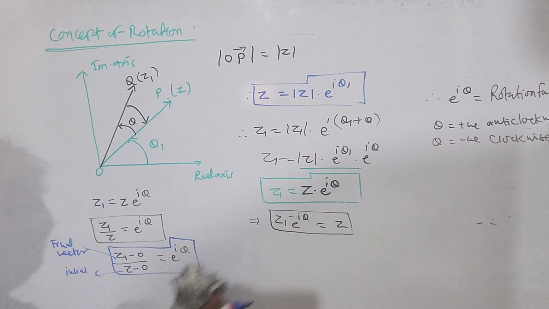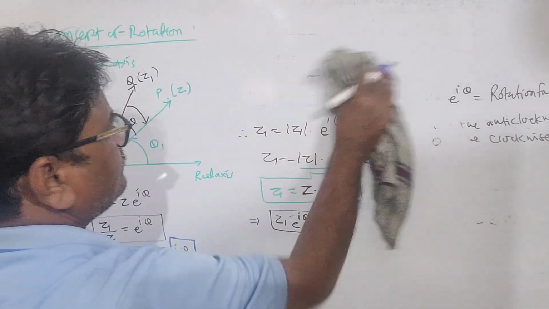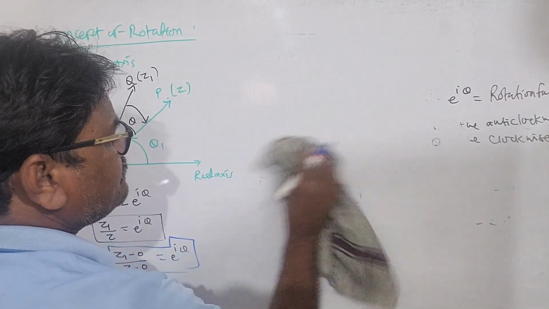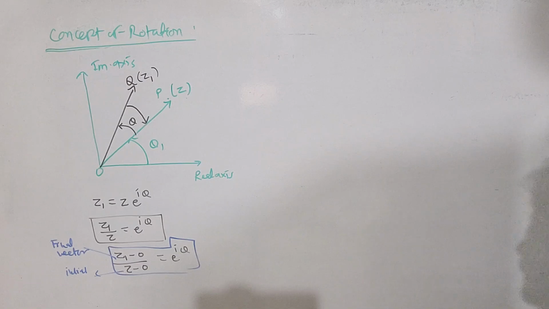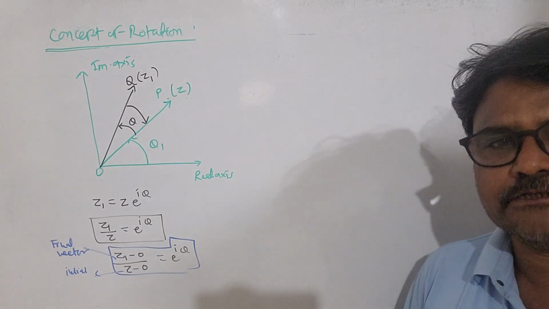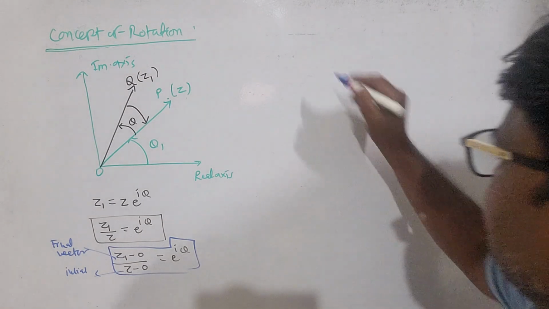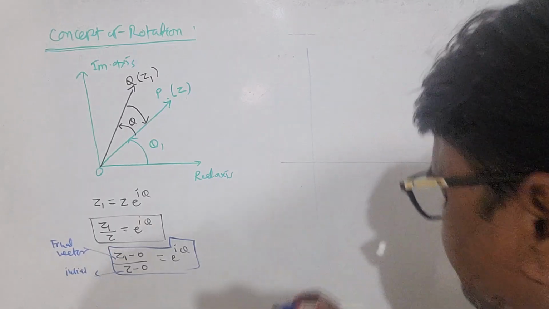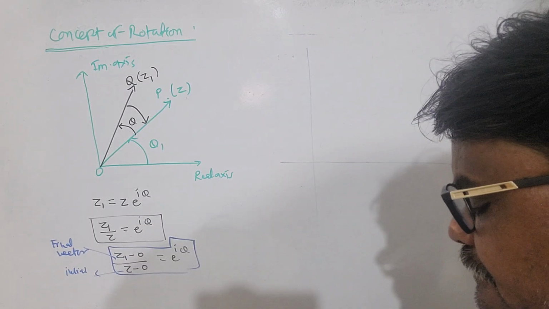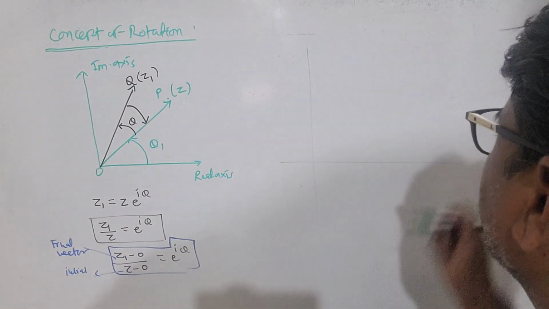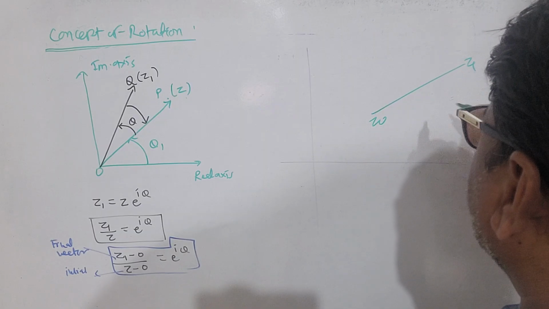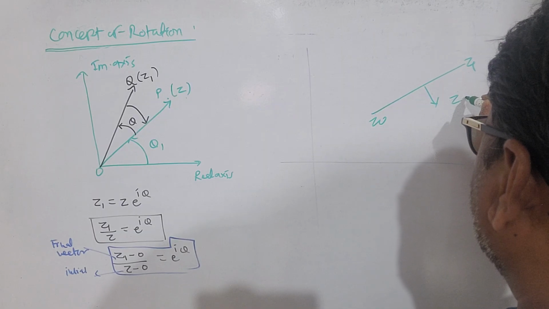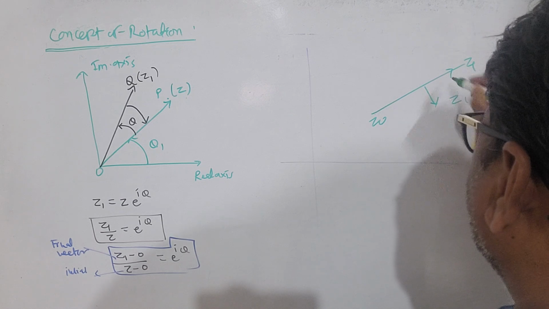Suppose the initial point of the vector is the origin, so we are rotating the complex number about the origin. But if we are having something like this, z0 and z1, then this vector is given by z1 minus z0, correct?